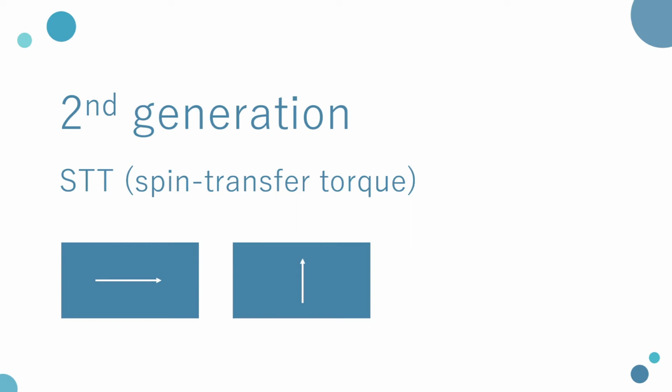STT MRAM with in-plane devices began commercial production in 2015 with a 64 million bits product and is expected to ramp to volume production in 2016 with a 256 million bits product. STT MRAM with perpendicular MTJ devices is under intensive development at a number of companies around the world.